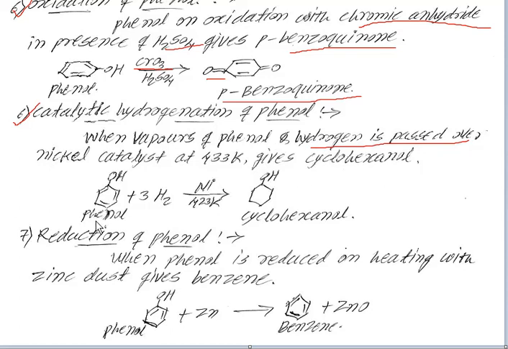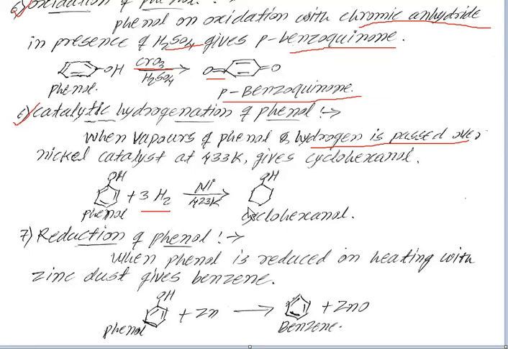See here, that is phenol. The molecular formula of phenol is C6H5OH. On hydrogenation, that is the addition of hydrogen, how many hydrogens are added? There are 6 hydrogen atoms. In the presence of nickel, we get cyclohexanol.